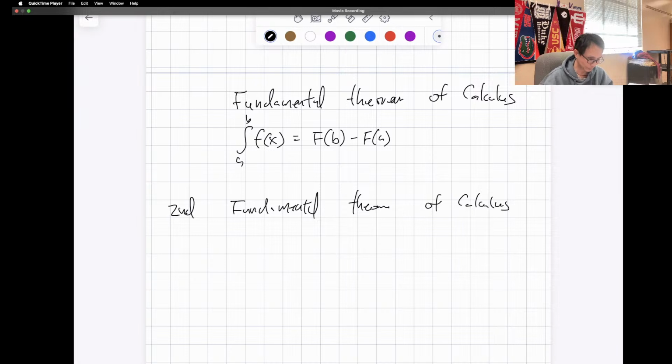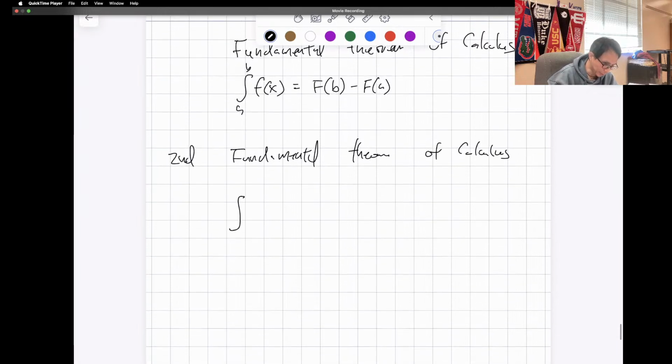The second: integration between a to x, not a to b, of f of x dx, and then I decide to take a derivative after that. I'm going to get f of x. You're like, what does that mean? Well, imagine this.